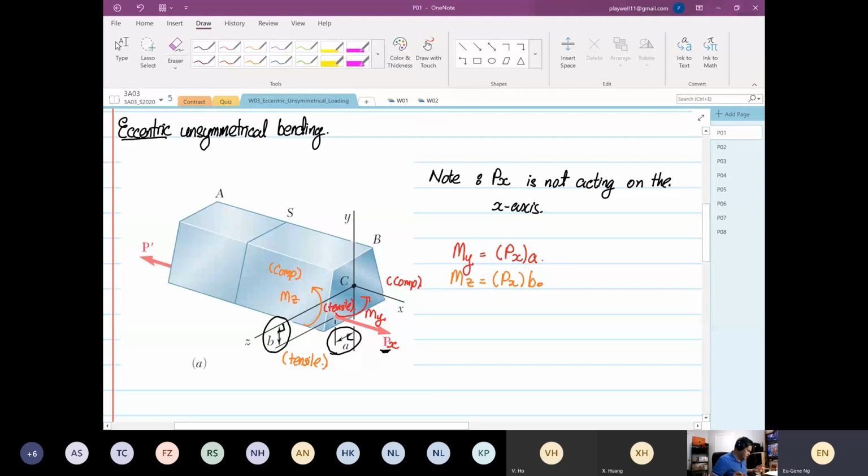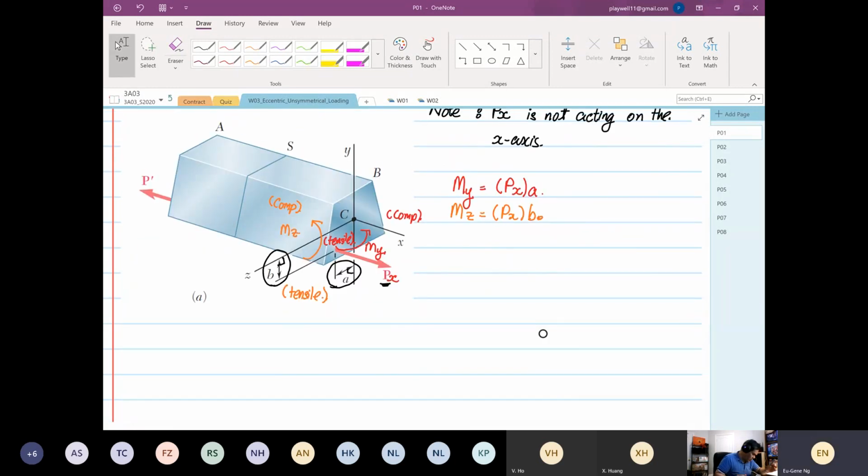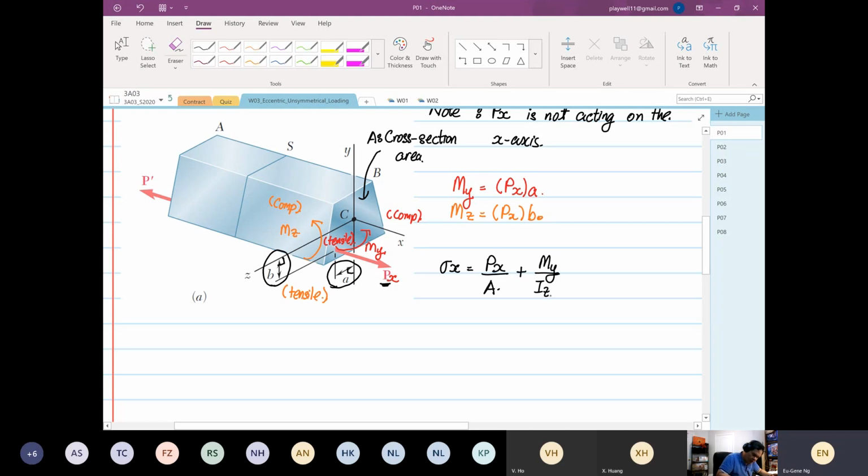So for this case, our bending stress, stress sigma x, is equal to Px divided by A. The A over here is the cross-sectional area. And then we have plus My over Iyy multiplied by Z, plus Mz over Izz multiplied by Y, right?